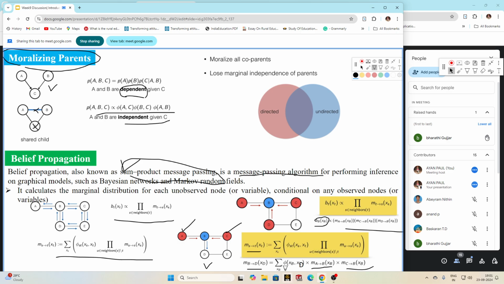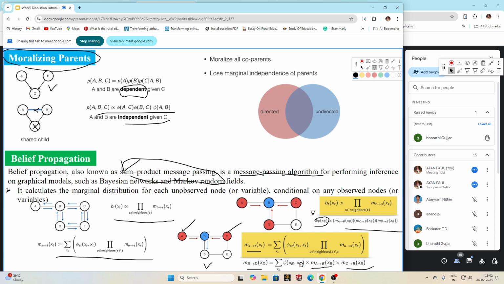That is why we have phi, the potential function between B and D, phi xb xd, and then the message from A to B, because it is assumed that A will send some message to B, and C will also send some message to B. So that is why the message from A to B and the message from C to B.